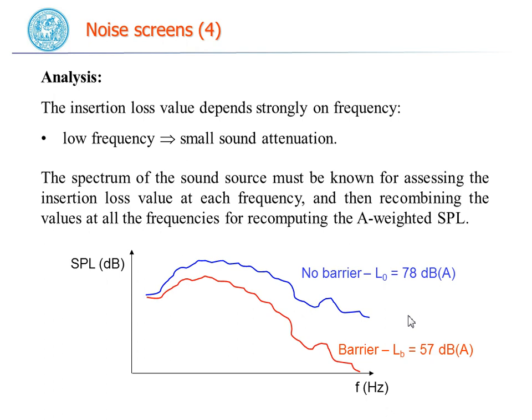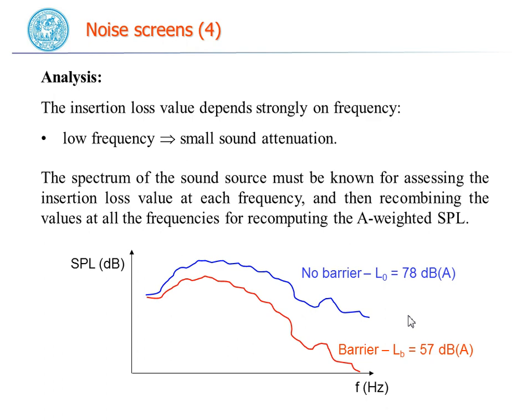So we can say that the noise screen is also a filter that attenuates high frequencies more and low frequencies less. This means that you cannot compute directly with this simple formula the total attenuation of a barrier, a single number telling you how many decibels the barrier takes away, because it depends on the spectrum. So we have to repeat this computation at several frequencies.